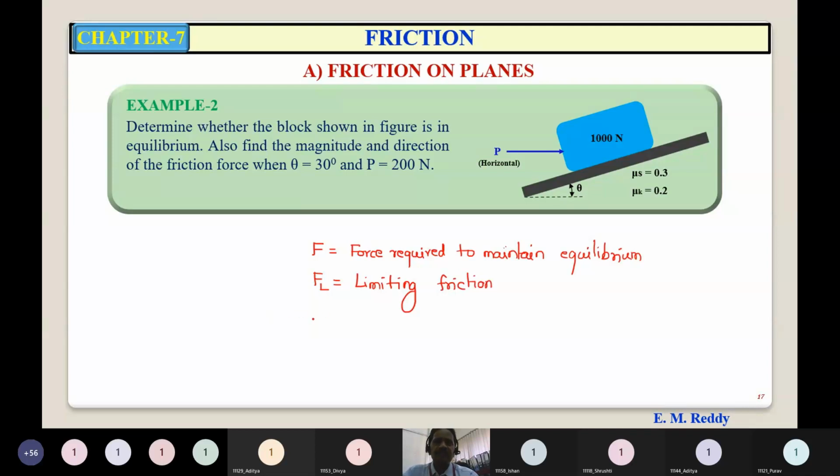If the force required to maintain equilibrium is less than the limiting friction, then you can say that the body is in equilibrium. If the force required to maintain equilibrium is equal to the limiting friction, then the body is in limiting equilibrium.